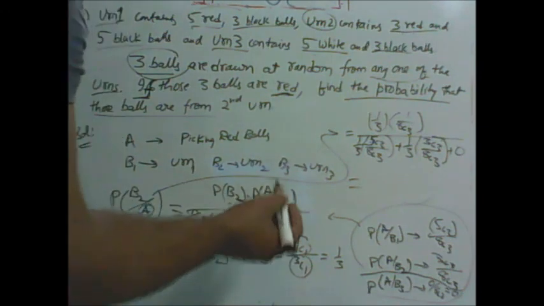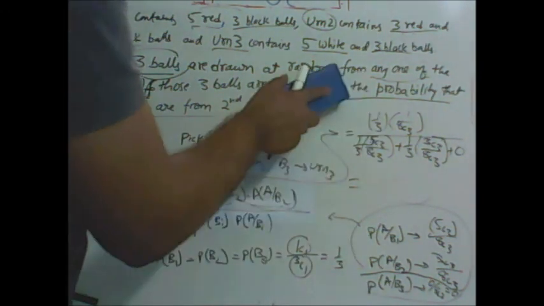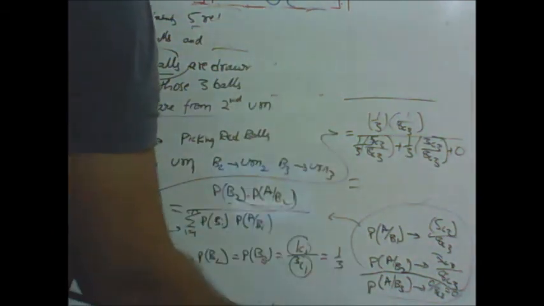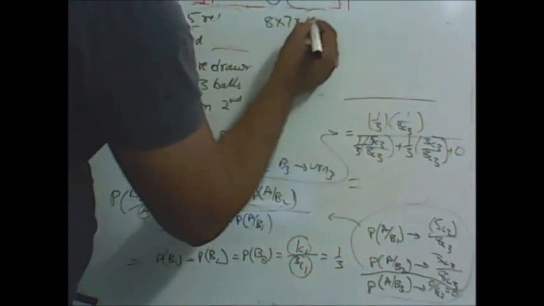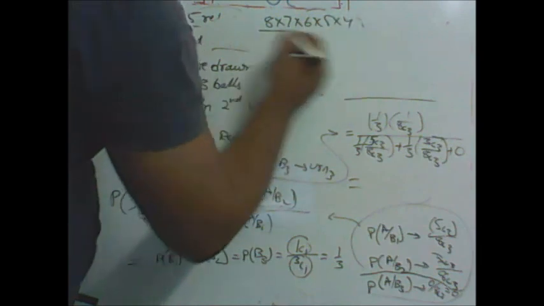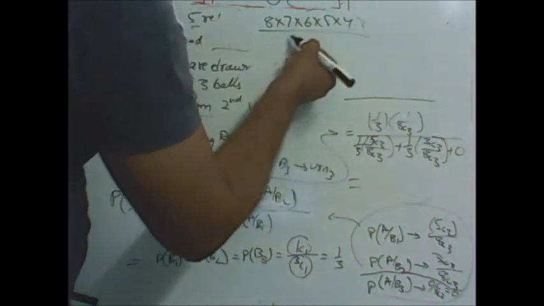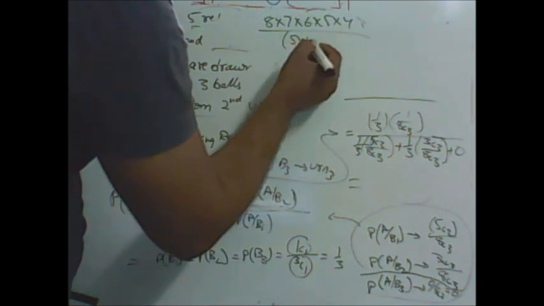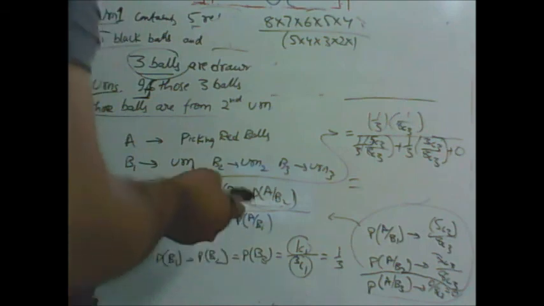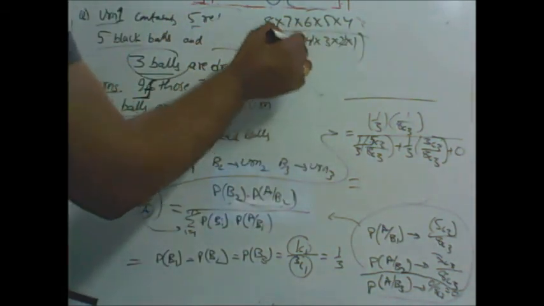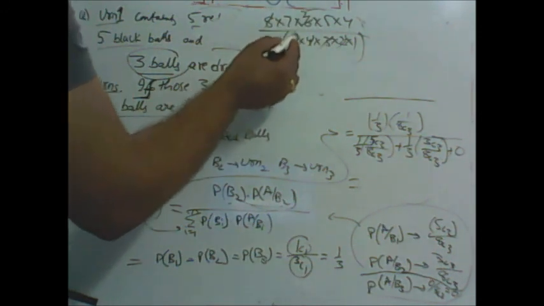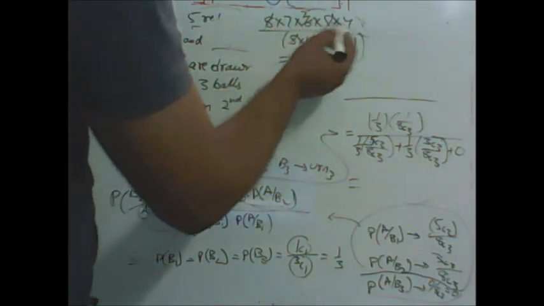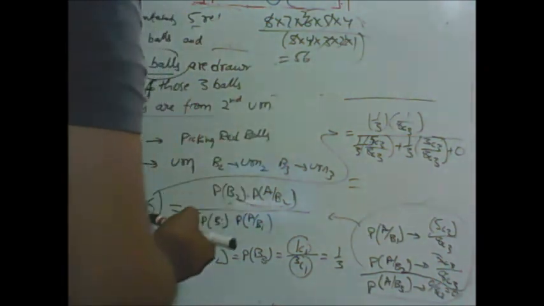So to get the answer we have to find the value of 8C3. That is 8 into 7 into 6 into 5 into 4 into 3 into 2 into 1 divided by 3 factorial, which is 3 into 2 into 1, into 8 minus 3, which is 5 factorial, which is 5 into 4 into 3 into 2 into 1. The factors cancel, and we get 8 into 7, which is 56.